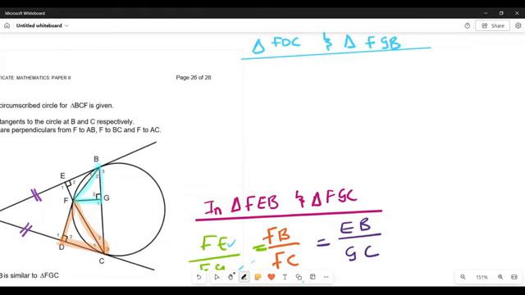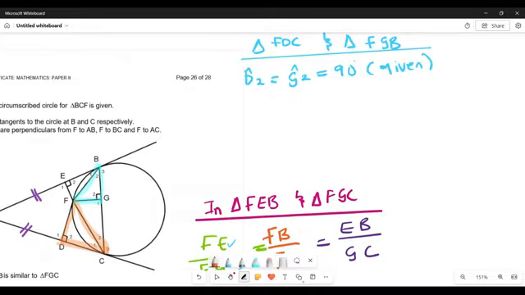So here I'm going to say D2 is equal to this angle, G2, and they're both equal to 90 degrees, and this was given. Now, the other remaining angles, so these are equal.